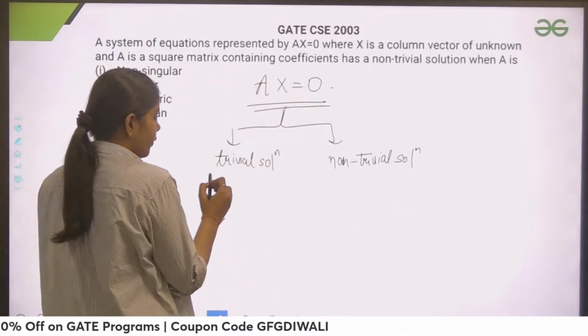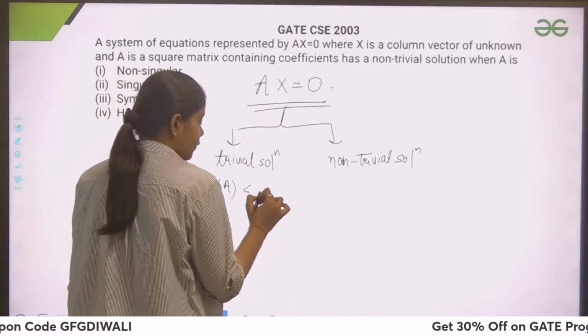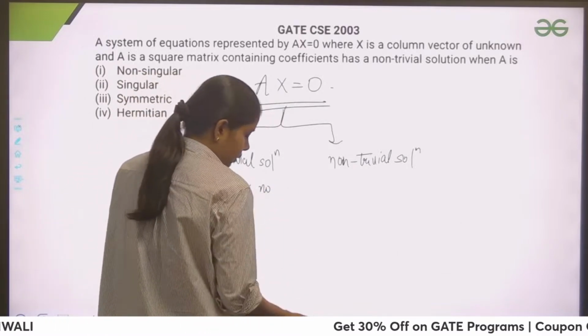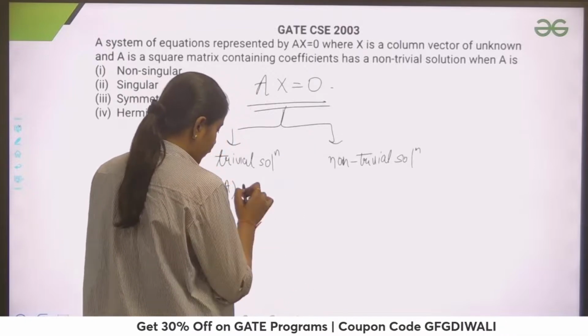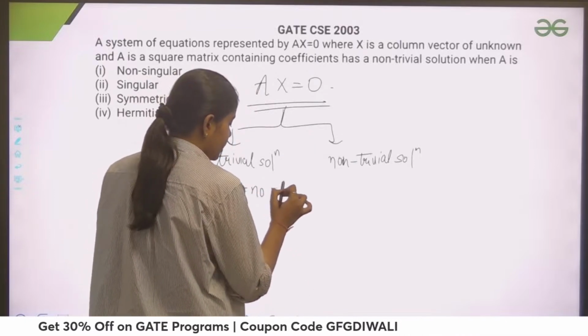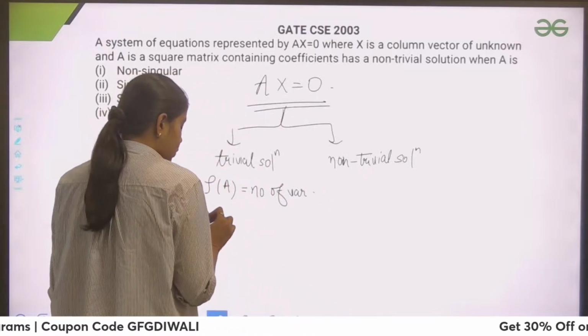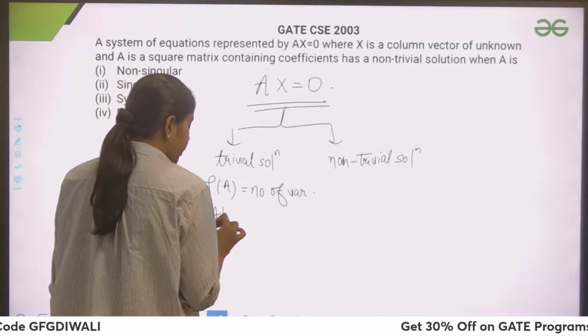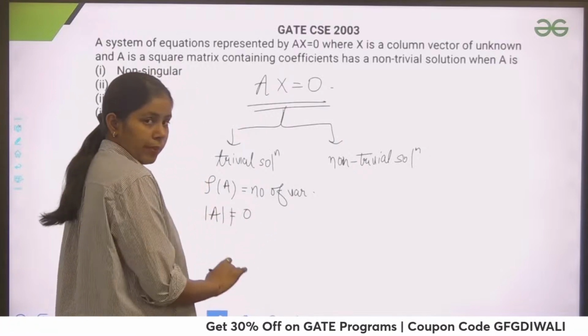When we have the trivial solution, the rank of A is equal to the number of variables. In this case the determinant of A is non-zero.